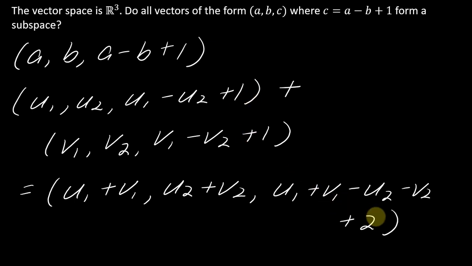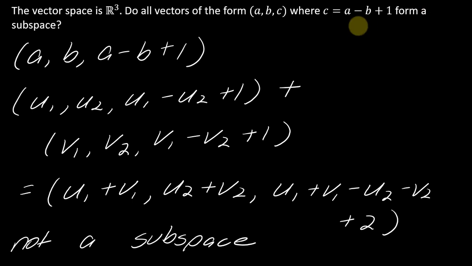You can see now, because I have this plus 2, that breaks the form that I needed. I need this to always be a minus b plus 1. So by adding these together, I break the form. So this is not a subspace. It needs to have that plus 1 to be in form.